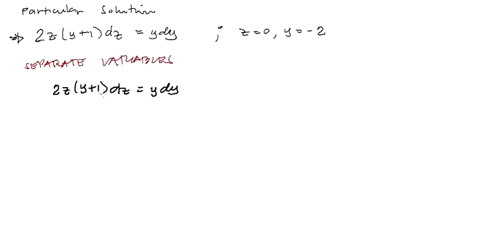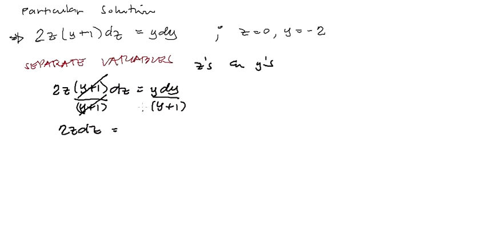And in order for us to separate these z's and y's, we need to divide both sides by y plus 1. We can cancel this out. So we have 2z dz is equal to y dy all over y plus 1.